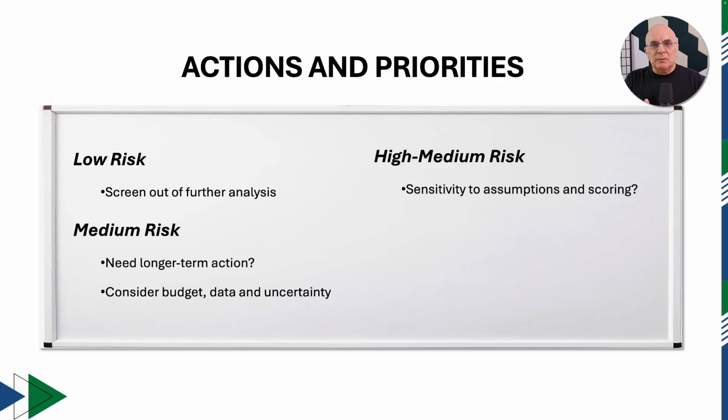So it could be, depending on how we scored consequence or likelihood, creep down into medium or creep up into a high risk. So we tend to pay a little attention to what our assumptions were and what the sensitivities around these risks are. But if they lean more to the medium risk, we would treat them as a medium risk category. And if they lean more to the high risk, we would tend to treat them as a higher risk. So that one we need to think about a bit as well.